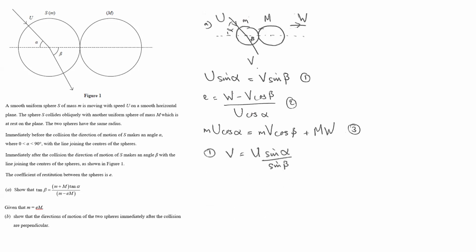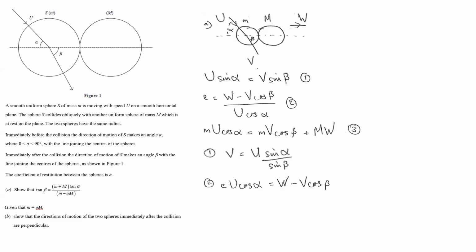So then I went back to equation 1 and rearranged it to make v the subject. So it's going to be one of those questions where we turn those in equation 3 into everything in terms of u, so the u's can get cancelled. So I got v is equal to that.